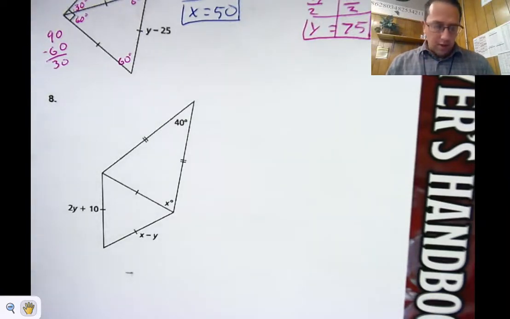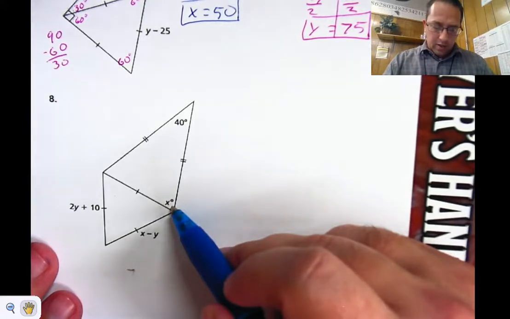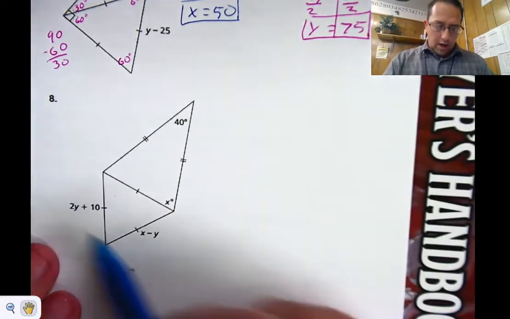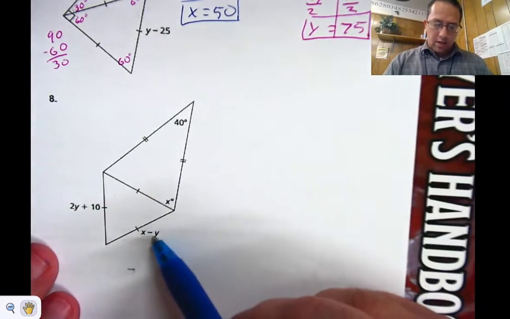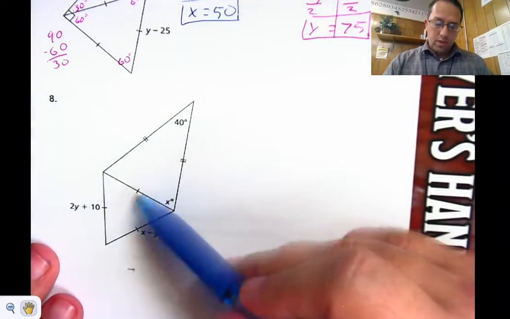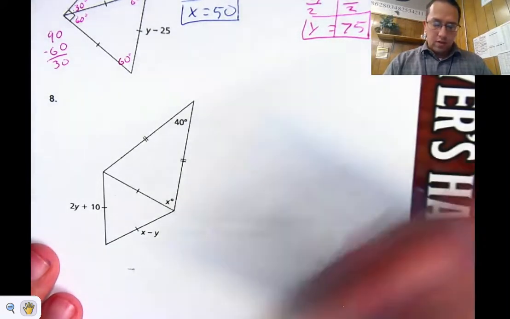Number 8, we need to find x, we need to find y. So let's see, we have x is this angle all by itself over here, so that might not be too bad. For y, you have 2y plus 10 there, and we have x minus y over here. Now let's see, what do we have that is congruent that we can set equal to each other?